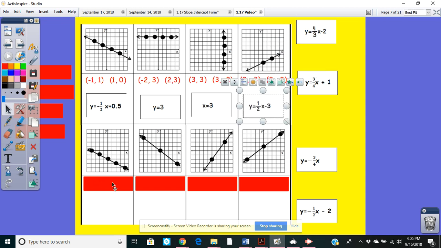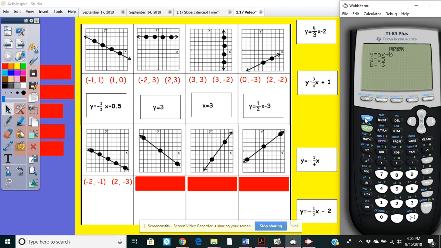All right, down here at the bottom, I've got points at (-2, 1), and that's this point here, and then at (2, -3), and that's this point down here. So back into Stat, do your list.